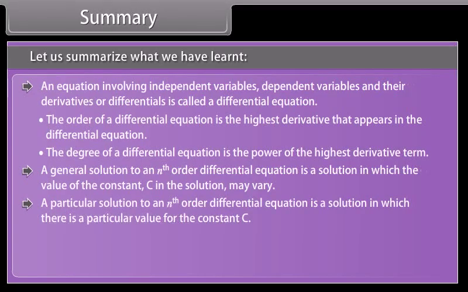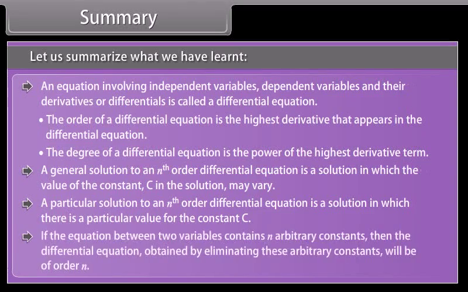A particular solution to an nth order differential equation is a solution in which there is a particular value for the constant c. If the equation between two variables contains n arbitrary constants, then the differential equation obtained by eliminating these arbitrary constants will be of order n.